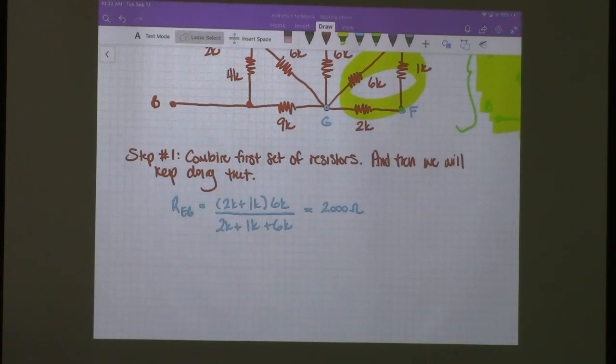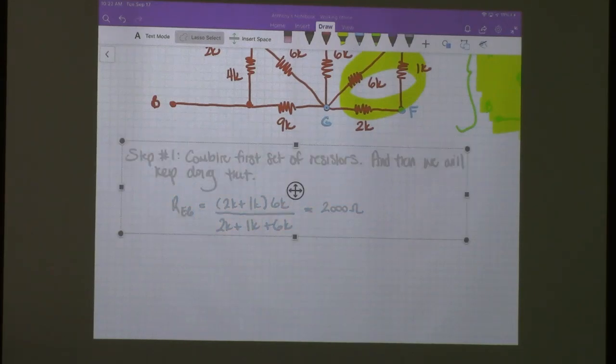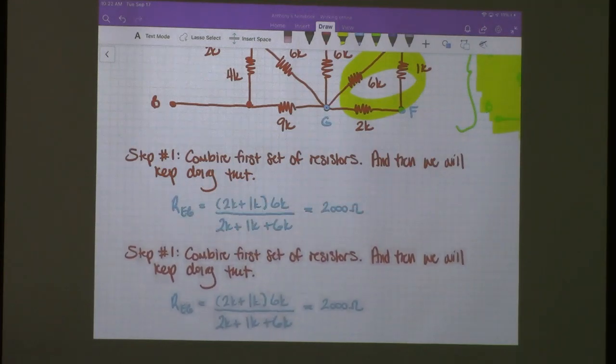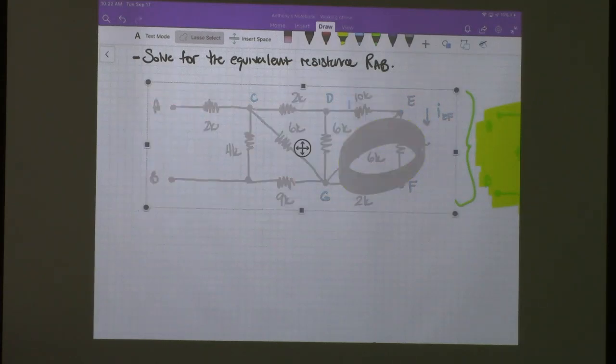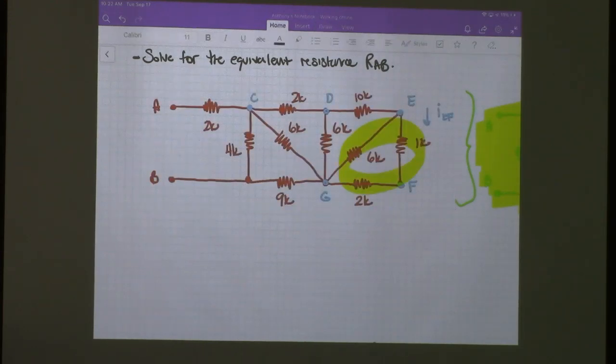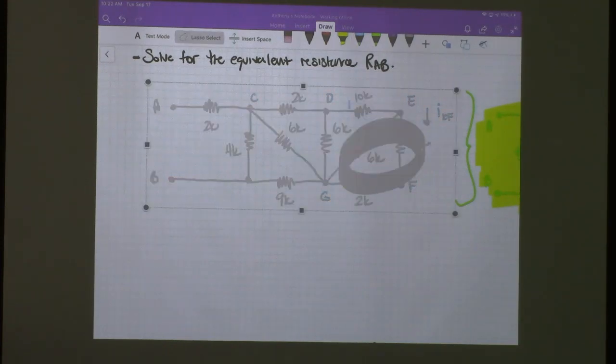How can I copy this? Anybody know? Maybe try pressing and holding.